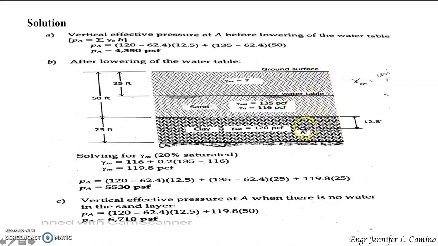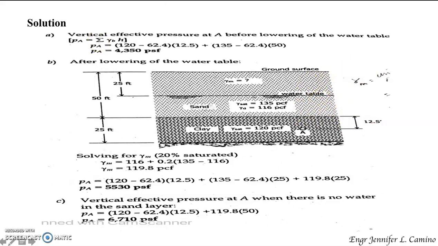That is the height of the water table above point A, times the unit weight of the water. Since we are in pounds, times 62.4, and the value is equal to 3,450. So that is the value for the pore water pressure.